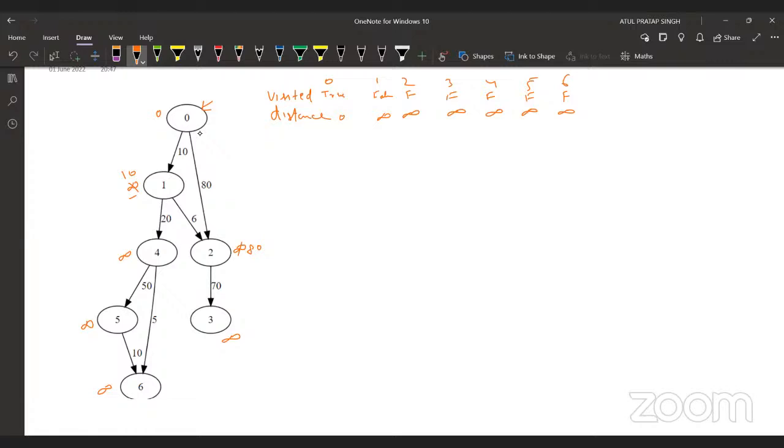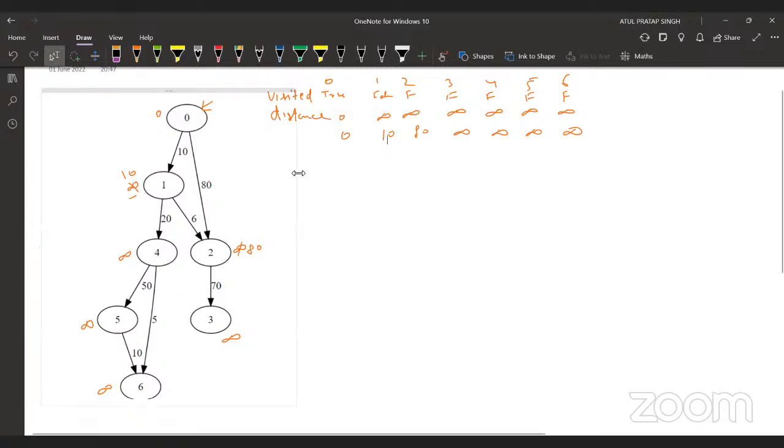So in the first check, we have updated this information: 0 is 0, 1 is 10, 2 is 80, and the remaining are infinite. Okay, now we will check. This 0 has already been visited, marked as true, but the other remaining vertices are not visited.